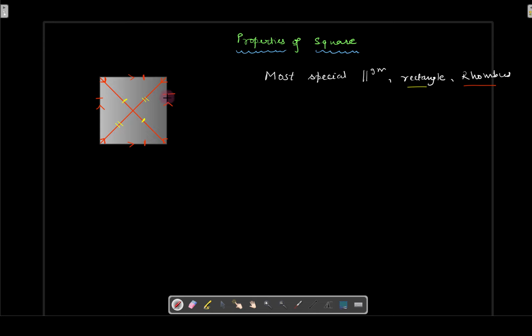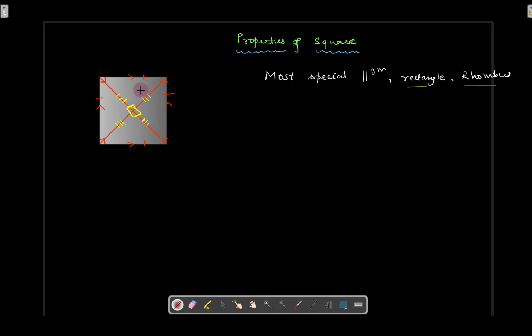So if diagonals are congruent and they bisect each other, all these lengths will be congruent. And if you remember the property of rhombus, the diagonals bisect each other at right angles. So these angles will be right angles.